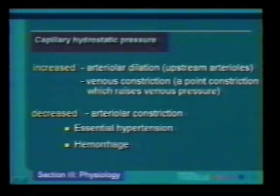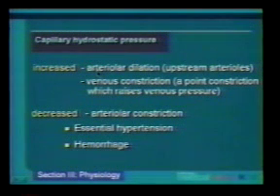Now, don't forget, this pressure supports filtration. It supports movement in a positive direction. Now, what would tend to increase this pressure? What would tend to increase filtration? Now, one we already mentioned is arteriolar dilation.